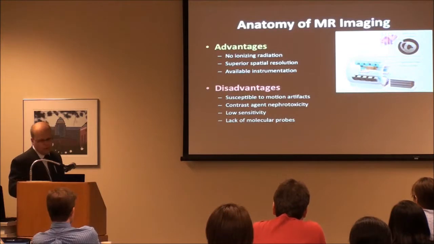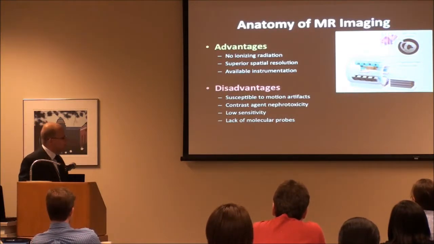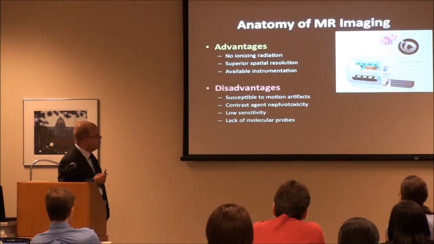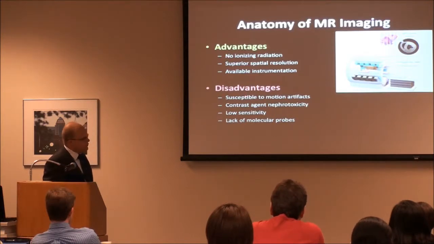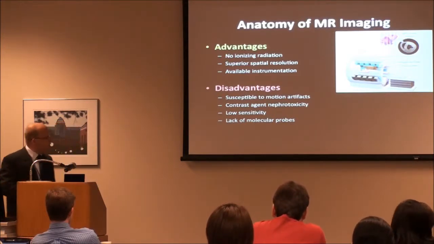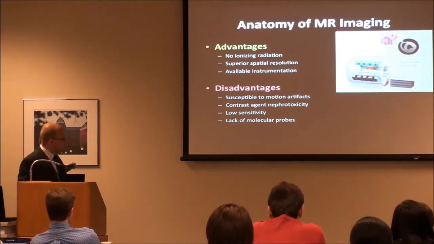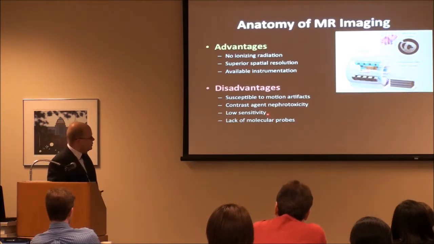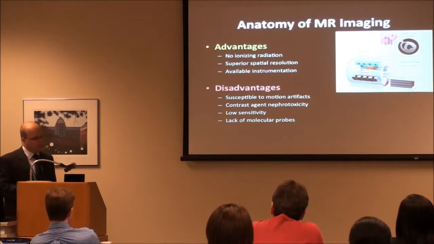It provides superior spatial resolution, and the instrumentation is available in almost all hospitals. There are some disadvantages. The technique is very sensitive to motion artifacts. Again, the contrast agent used for contrast MR studies is nephrotoxic. It has low sensitivity for molecular imaging and lacks molecular probes.